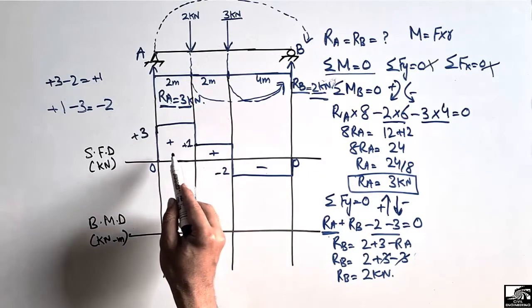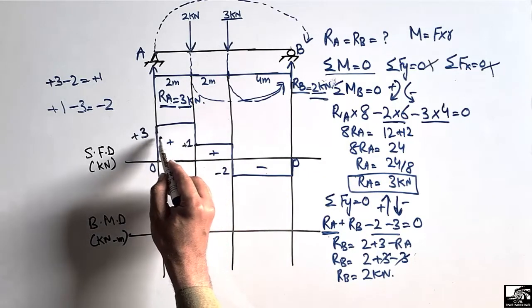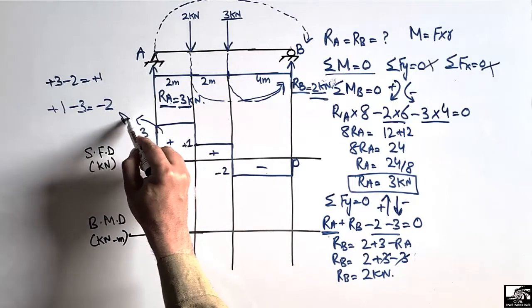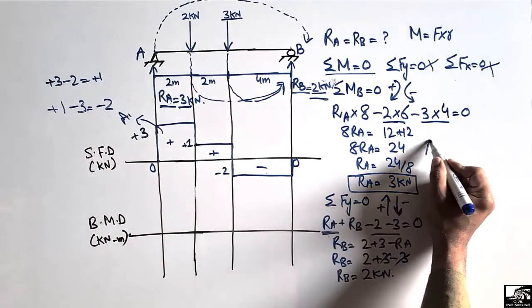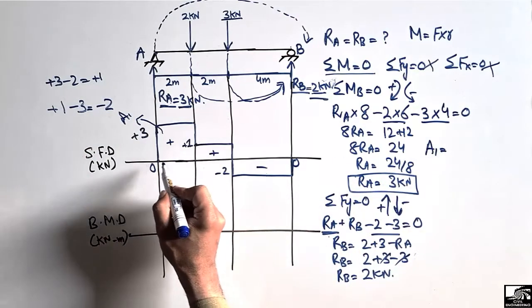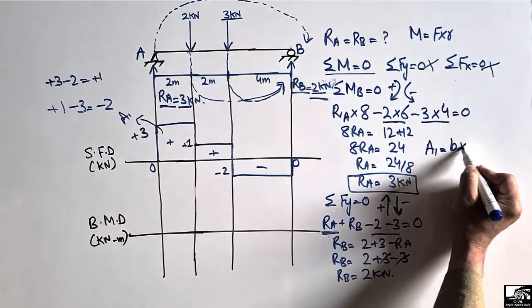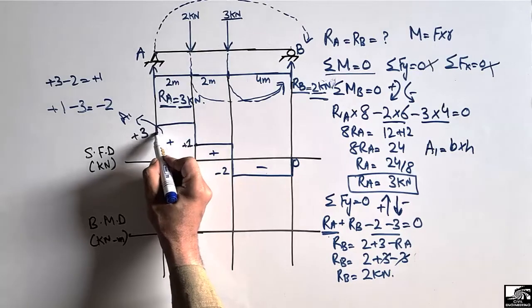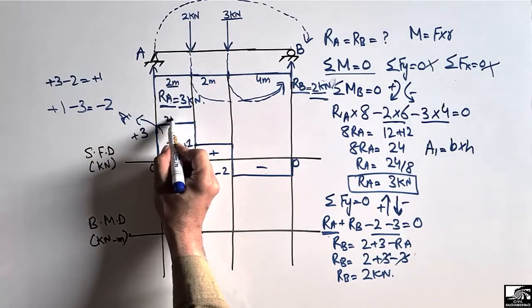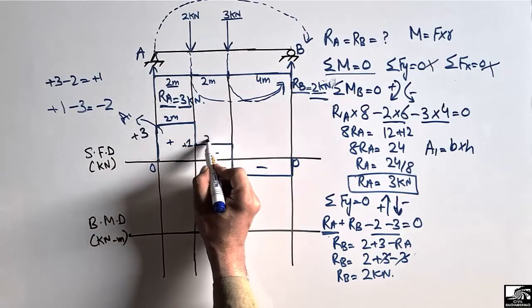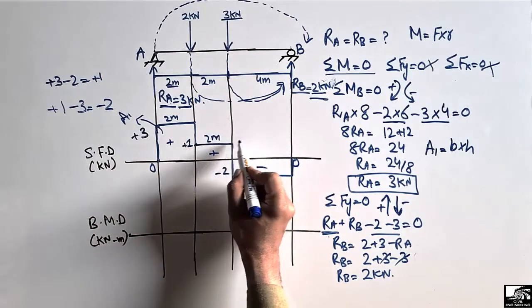Let's suppose this is A1. This is a rectangle, so the area is base into height. Now the height is plus 3 and the base is 2 meter. This distance is 2 meter. This distance is also 2 meter, while this distance is 4 meter.